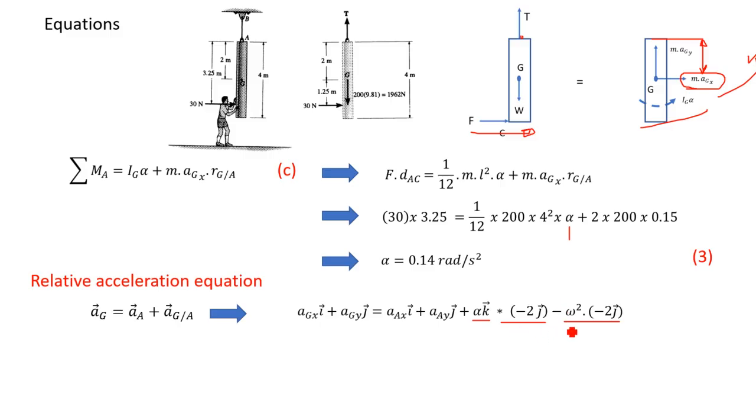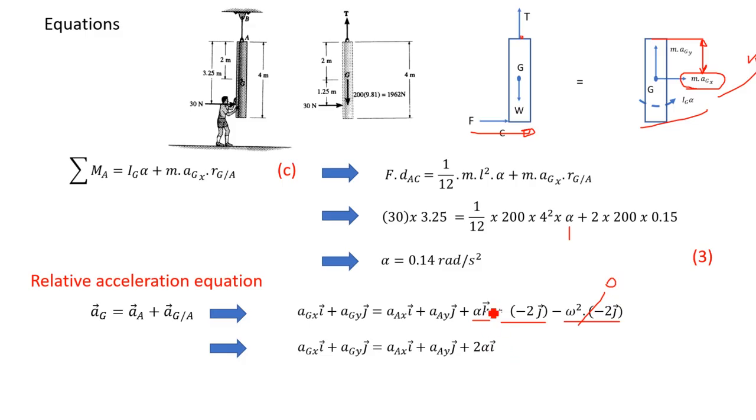So by solving this one, knowing that the omega is going to be squared, this side is going to go to 0. We start to do the solution for that. Simplify it further. So it's going to be the AGX i plus the AGY j is equal to the AAX plus the AAY j plus the 2 alpha i.